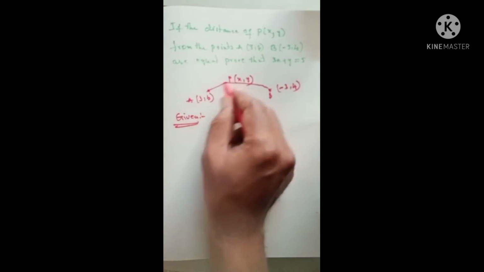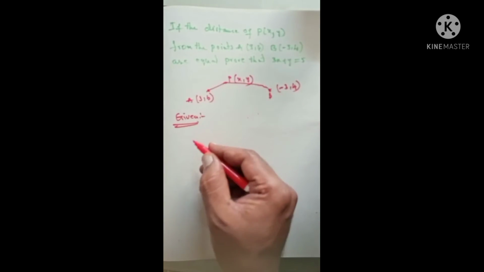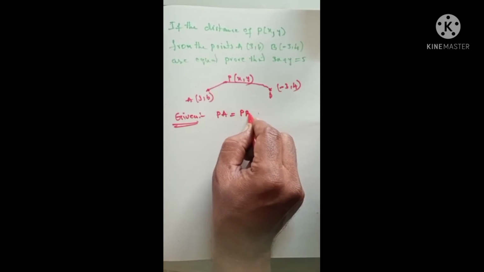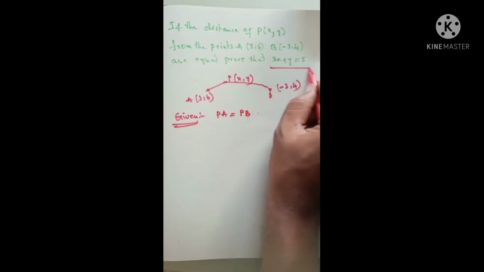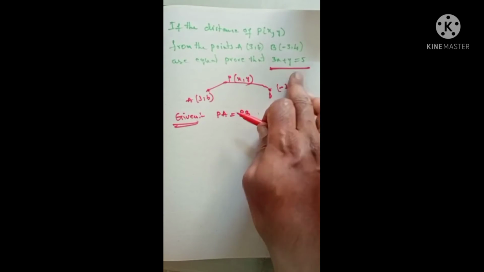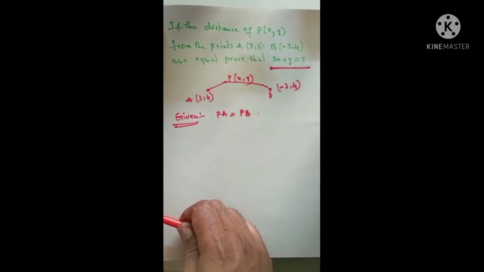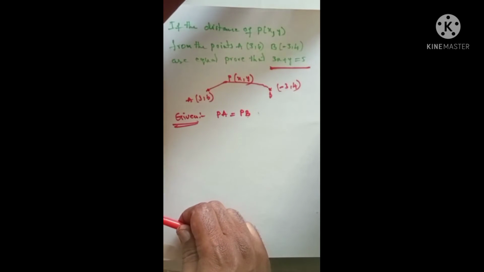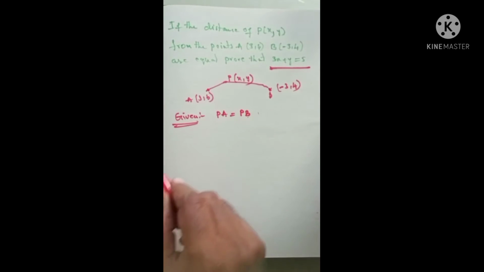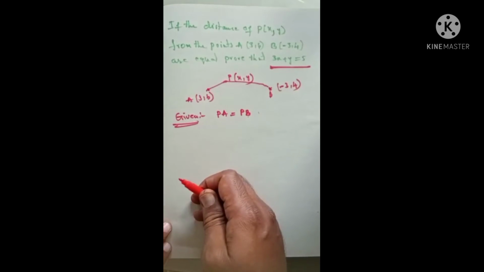The distance from P to A is equal to the distance from P to B, means PA should be equal to PB. So now you want to form a relation between x and y, that is 3x plus y is equal to 5. So by using that statement, PA is equal to PB, you can form a relation between x and y.